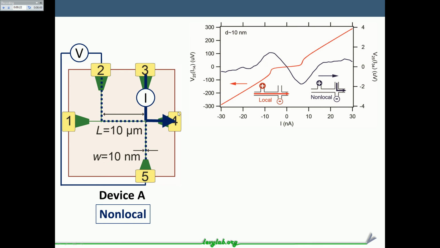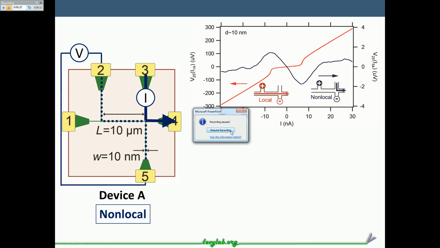If the junction has a finite size, you can measure the voltage drop on the junction itself. Sure.